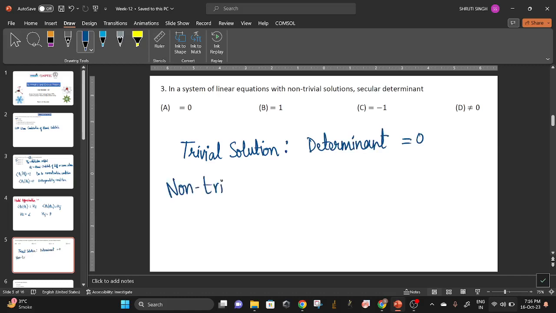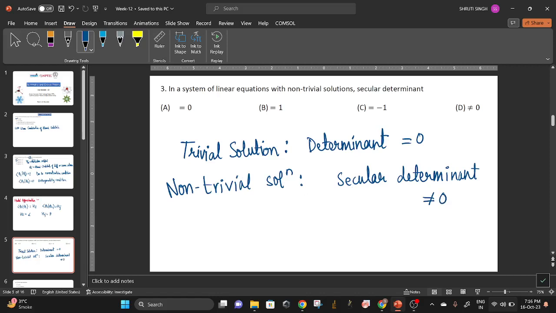So non-trivial solution means that the secular determinant is not equal to 0. This is true for any determinant, not only in the case of molecules.